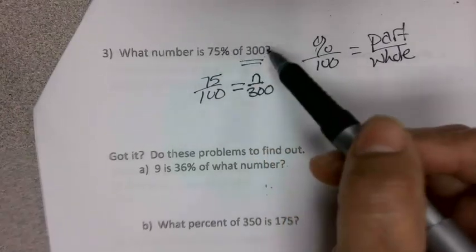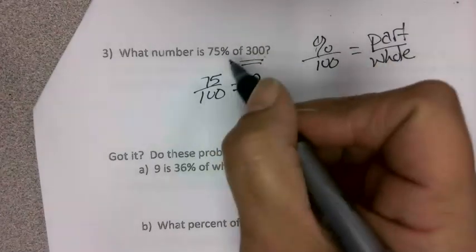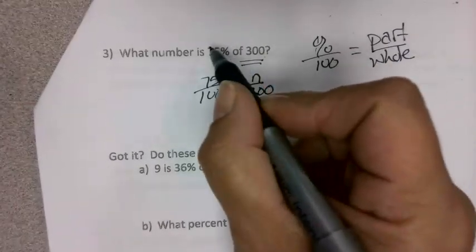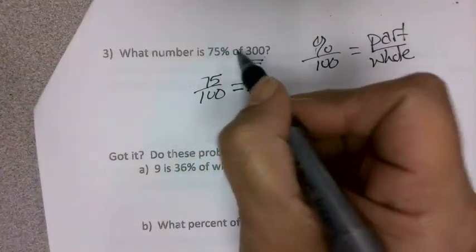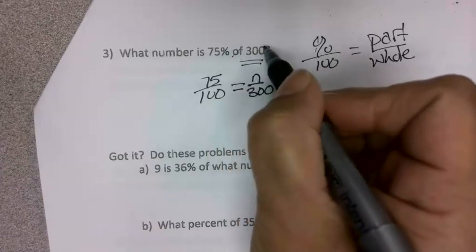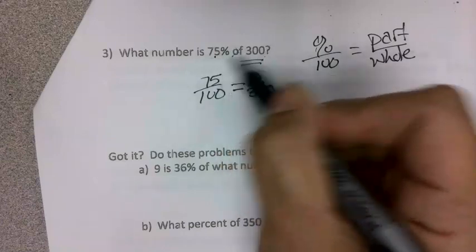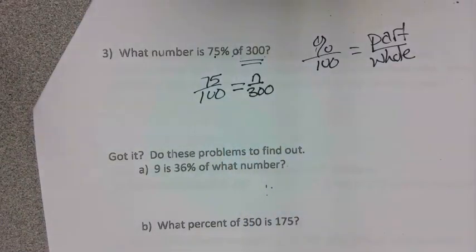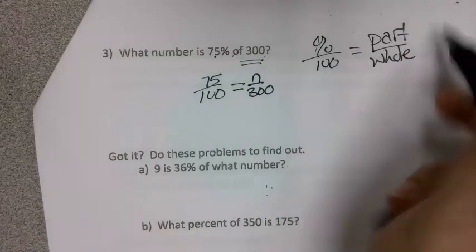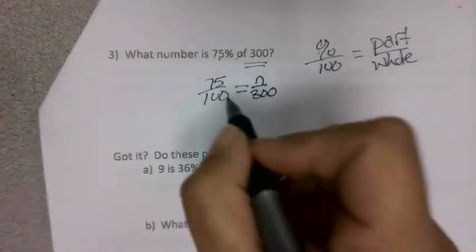How do you find percent of a number? You would just say either 0.75 times, because the of is times 300, or I would do 75 times 300 divided by 100. But because we are doing our formula, let's just work it out using our percent formula.